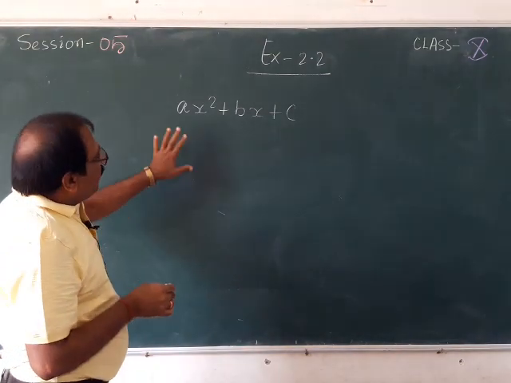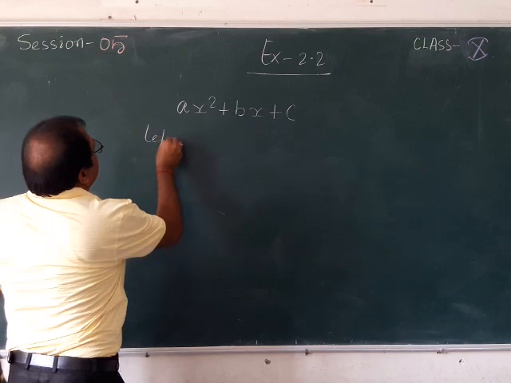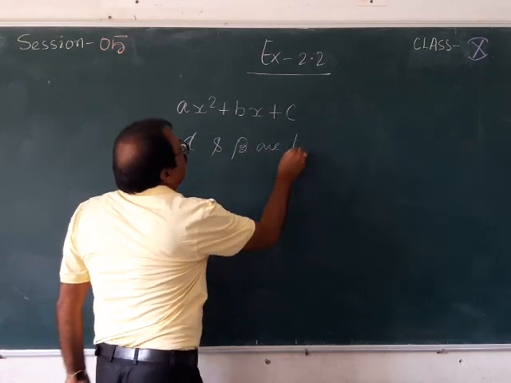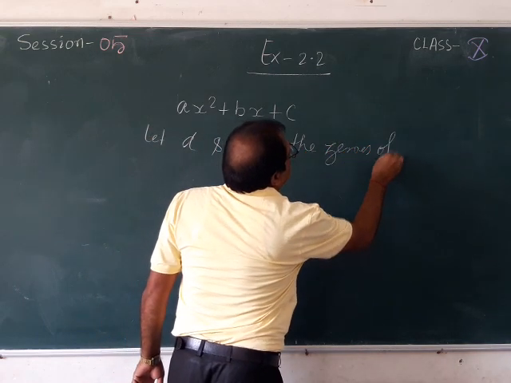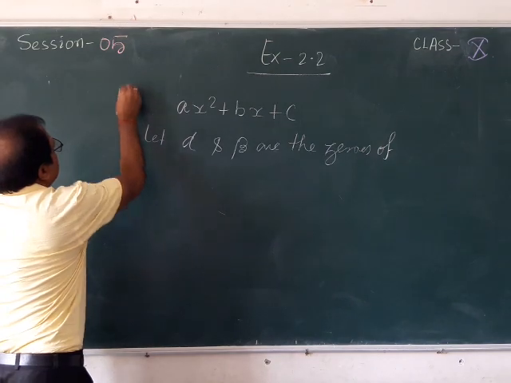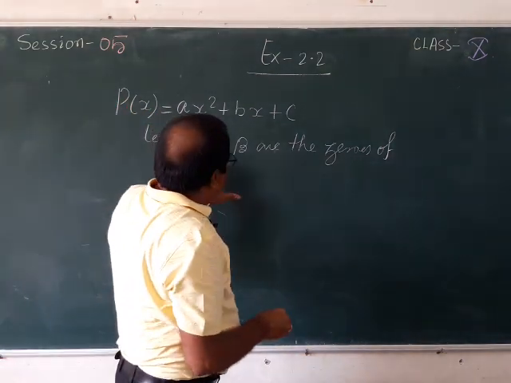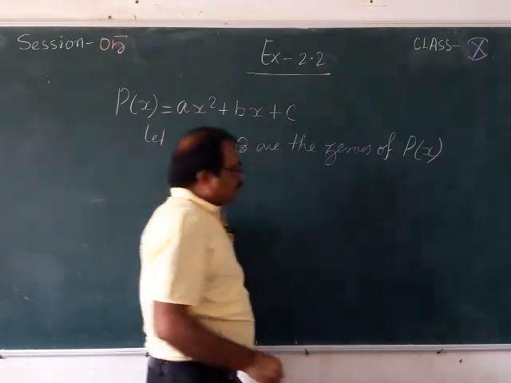You know that it has exactly two zeros. Suppose alpha and beta are the zeros of this polynomial, and this polynomial's name is Px. Let alpha and beta be the zeros of polynomial Px.